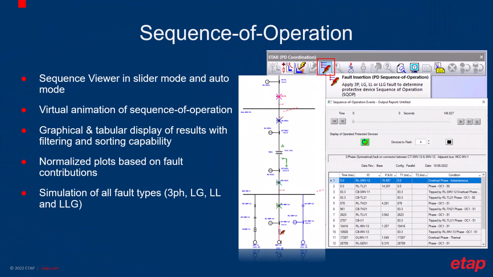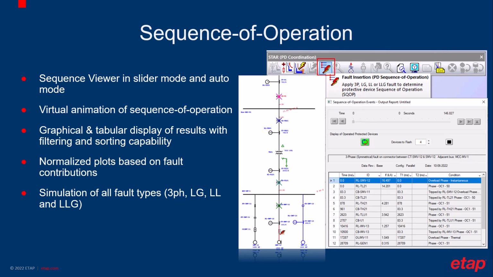Sequence of operation tool is a great tool for protection and coordination validation. It's based on the calculated through fault passing through each individual protected device. We can simulate the fault with different fault types at any location in our system.